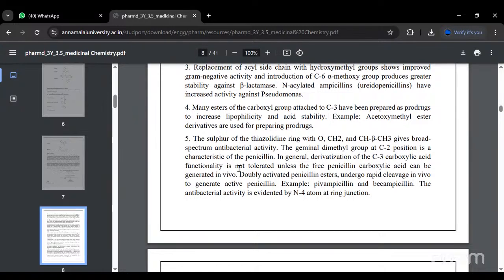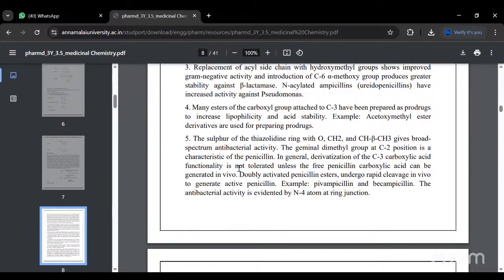In general, the C3 carboxylic acid functionality is not tolerant of modification unless it is a prodrug; otherwise it leads to rapid cleavage and loss of the biological activity of the penicillin.